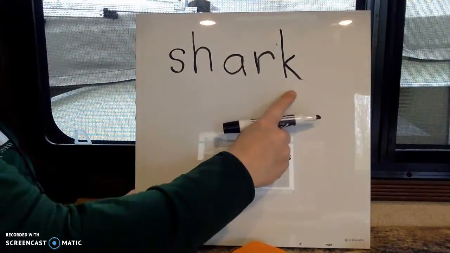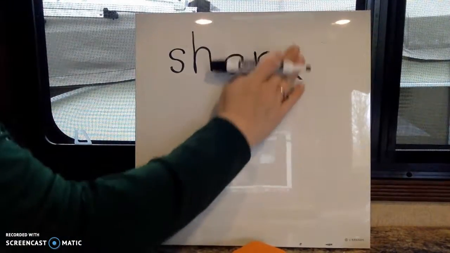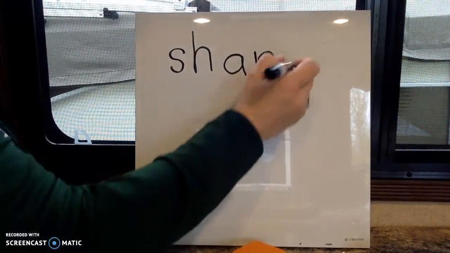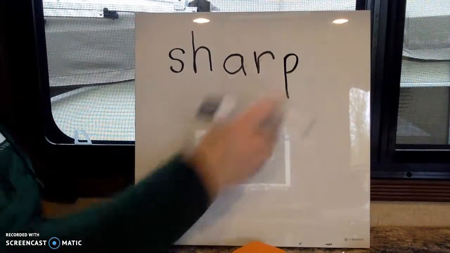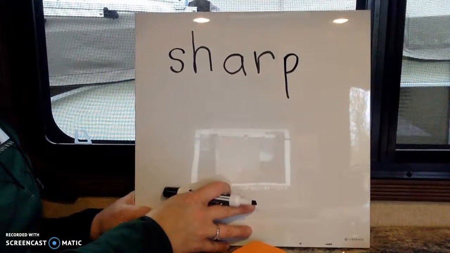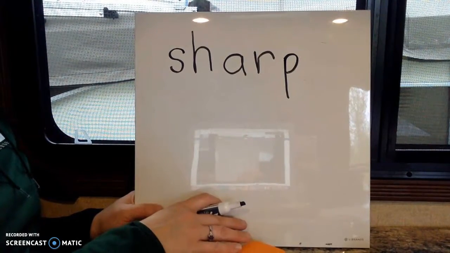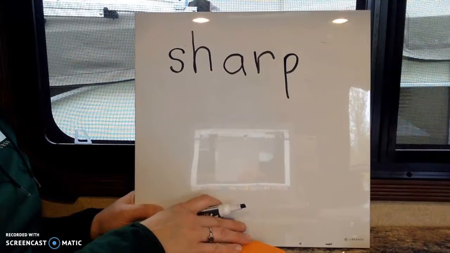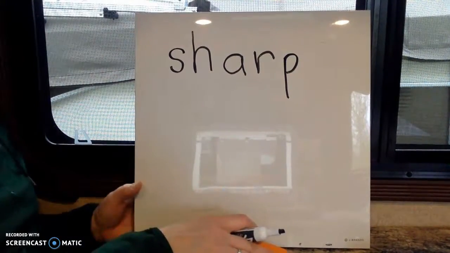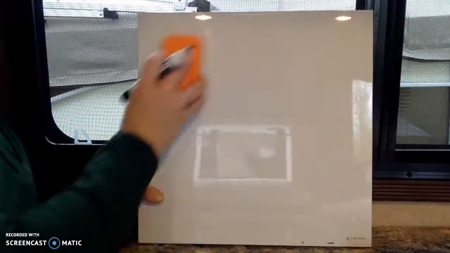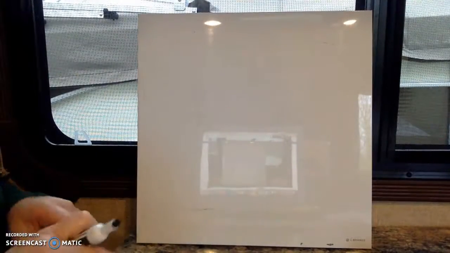Sharp. Okay. Sharp becomes a P. Pencil was very sharp. And I think we're going to end with that right now, with the word sharp. I hope you have a good time with those AR words.